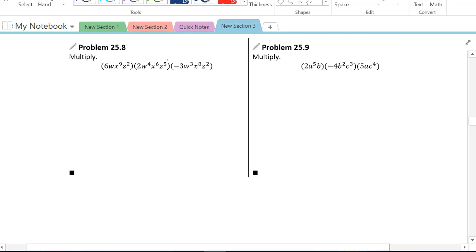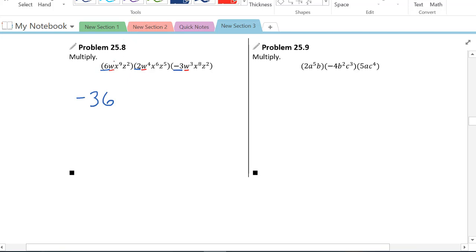25.8. All right, this one looks a little complicated, but it's really not. So what you want to do is you want to multiply all the numbers. So we have a 6 times 2, and then times negative 3, right? So we're multiplying all of them. So 6 times 2 is 12. 12 times negative 3 is a negative 36. Okay, you use your calculator for that, right? Now you want to combine all of the W's, okay? So that's a W, that's a W, that's a W, and a W, right?